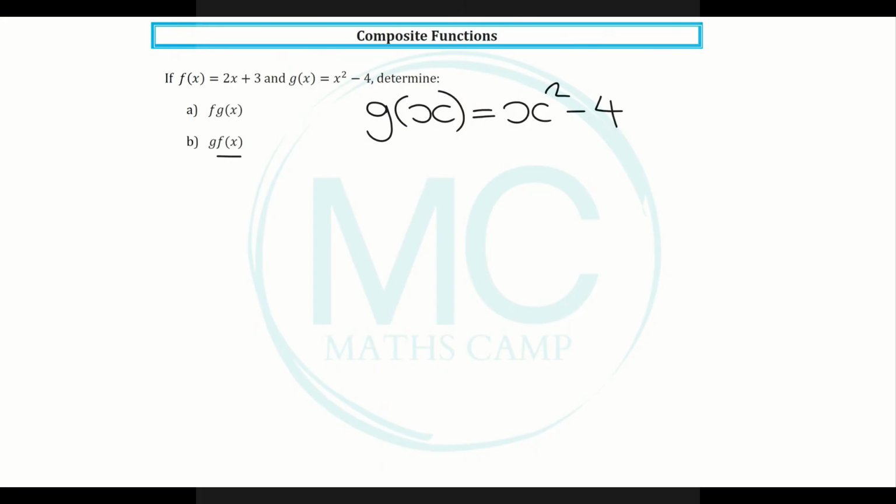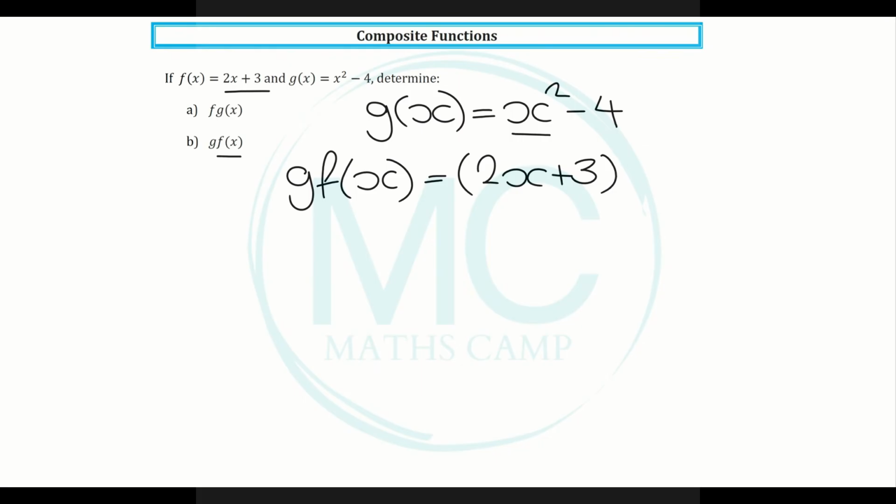We need to substitute the equation of f of x into our x value. So we can say that g f of x is equal to, let's open a bracket, the equation for f of x, 2x plus 3, close the bracket, squared, minus 4.